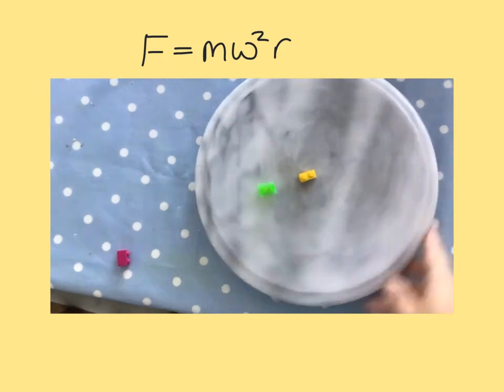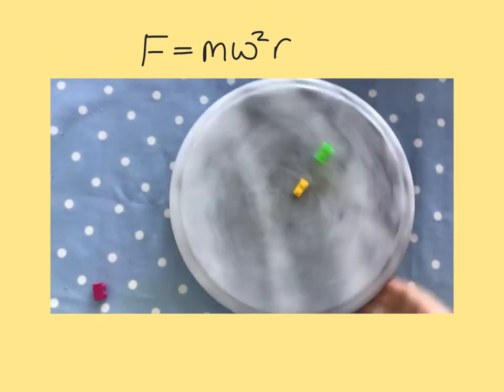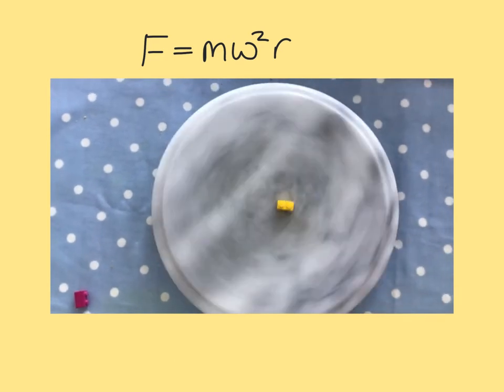As we start spinning them faster, beyond a certain point the Lego blocks will fly off. So as the radius increases, the centripetal force needed for it to travel in a circle will increase as well.